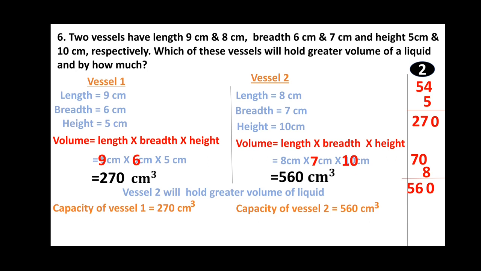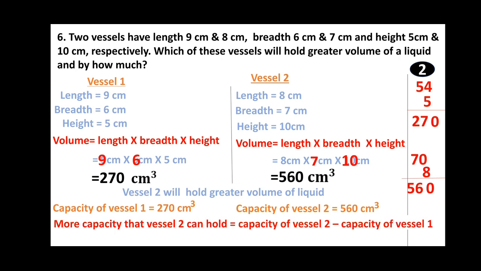How much more capacity vessel 2 has can be found by finding the difference between capacity of vessel 1 and vessel 2. So we can write more capacity that vessel 2 can hold is equal to capacity of vessel 2 minus capacity of vessel 1. So let us substitute the values.